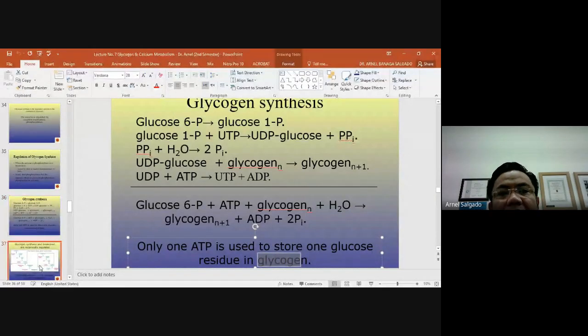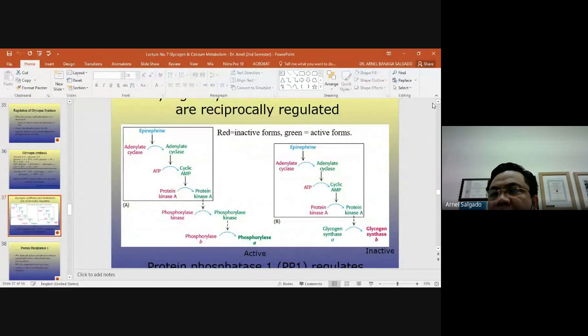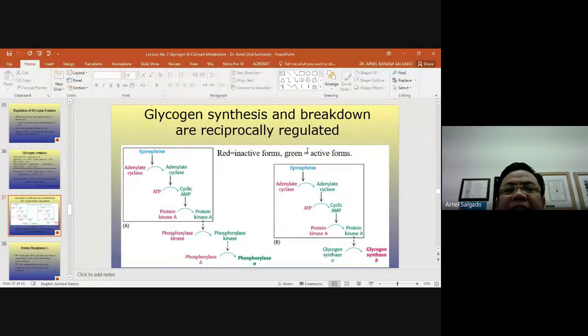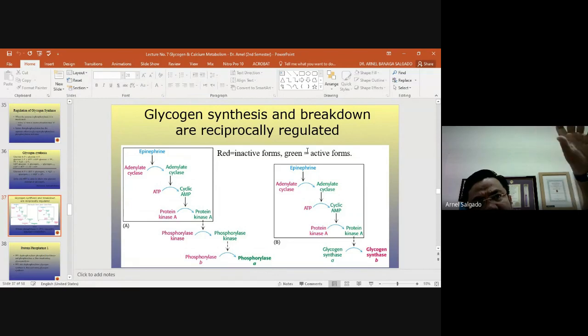Okay. So this is how we are looking into it, no? The glycogen synthesis and breakdown are reciprocally regulated. We build glycogen, we break down glycogen. These are also regulated. We need to regulate this at the same time, because overproduction and overbreakdown will result in problems in the body.